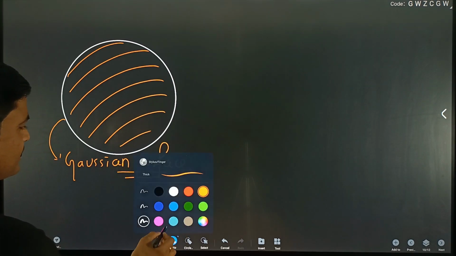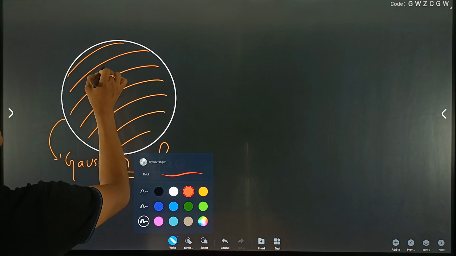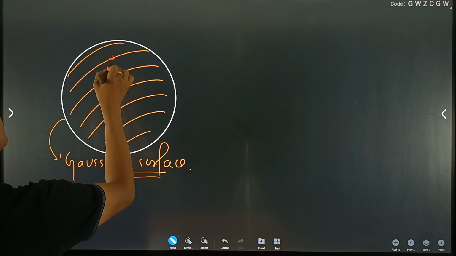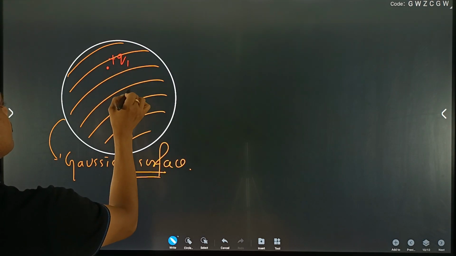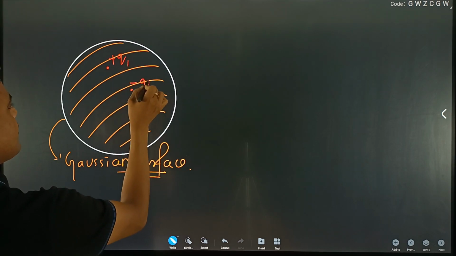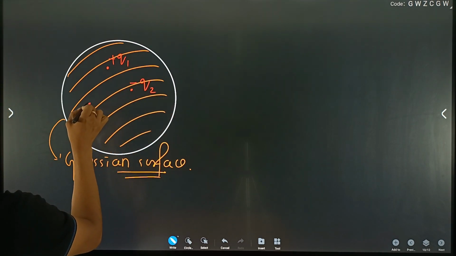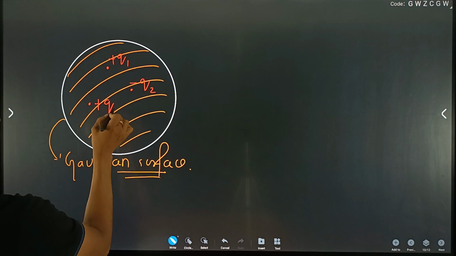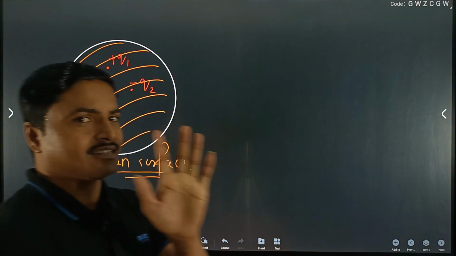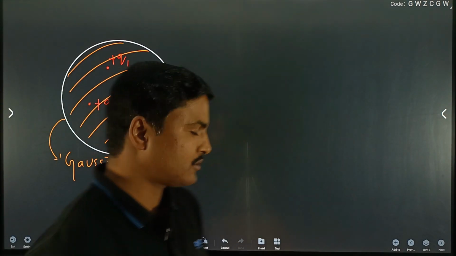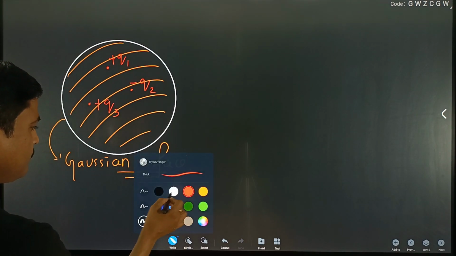And inside this surface, this is the first charge, we write plus q1. Another charge is there, we write minus q2. Third charge is there, suppose plus q3. Three charges are there. Then what is the net flux?